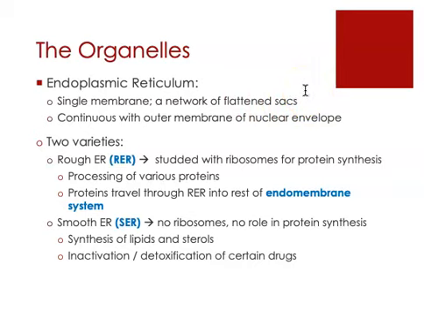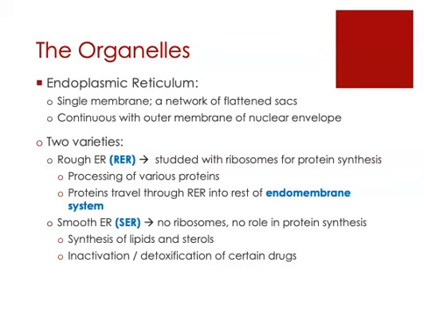The endoplasmic reticulum is actually continuous with, in other words, attached to, the outer membrane of the nuclear envelope. That's going to be important for us to recall later on when we think about how things move between organelles in the cell. There are actually two varieties of endoplasmic reticulum in a eukaryotic cell, and you may have heard of these.